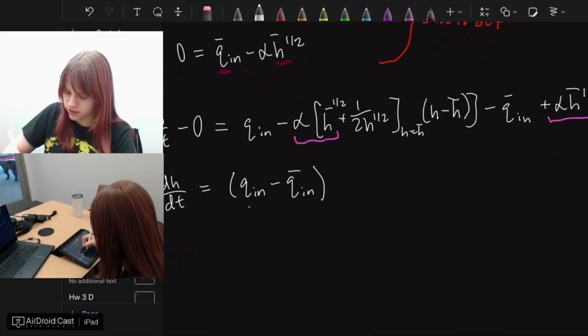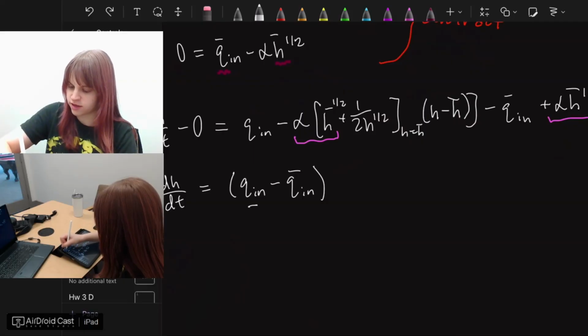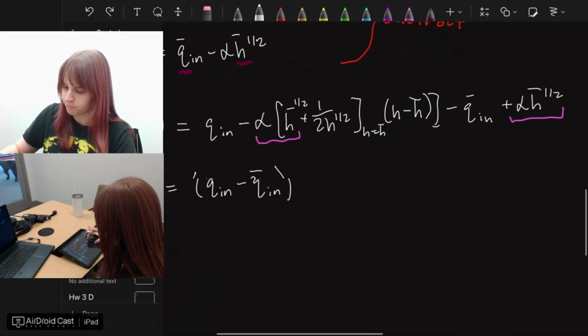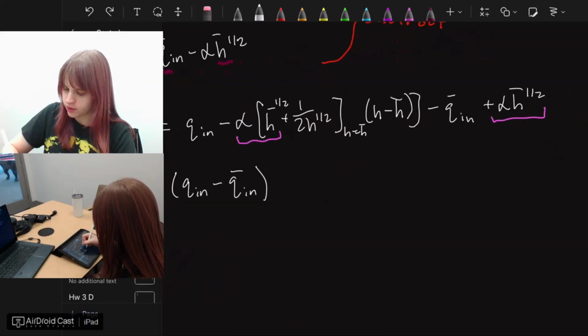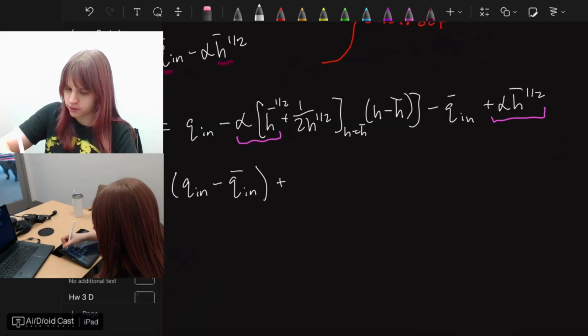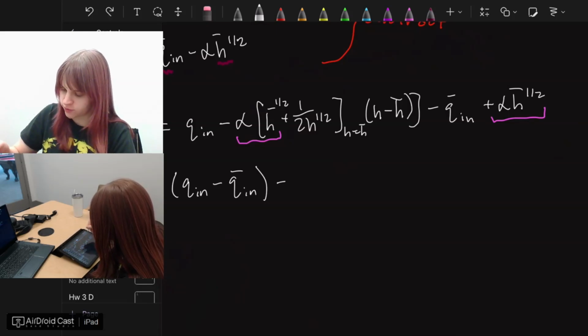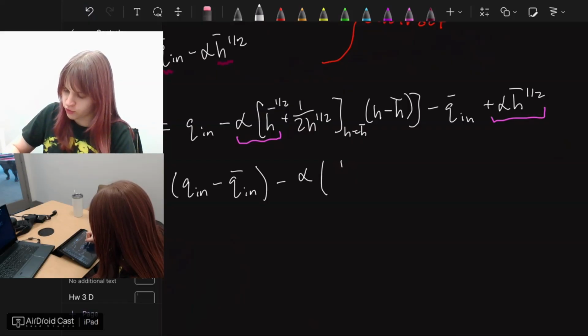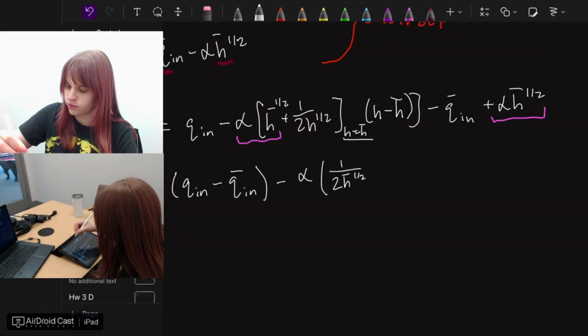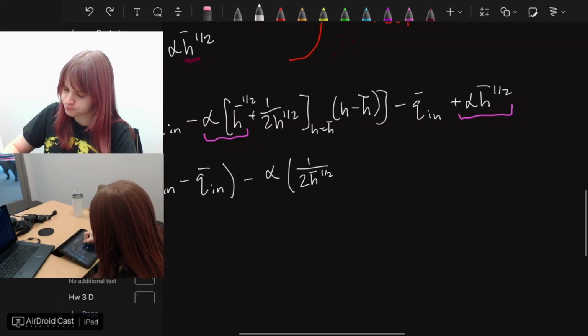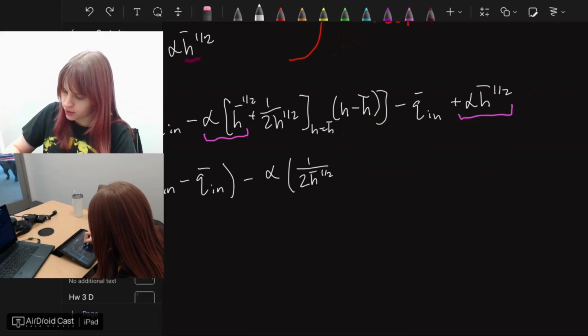So this is not steady state, and then we're subtracting the steady state solution. And then we'll go ahead and subtract our alpha times 1 over h bar to the 1/2, because we're evaluating it at h is equal to h bar. And this is also multiplied by h minus h bar.